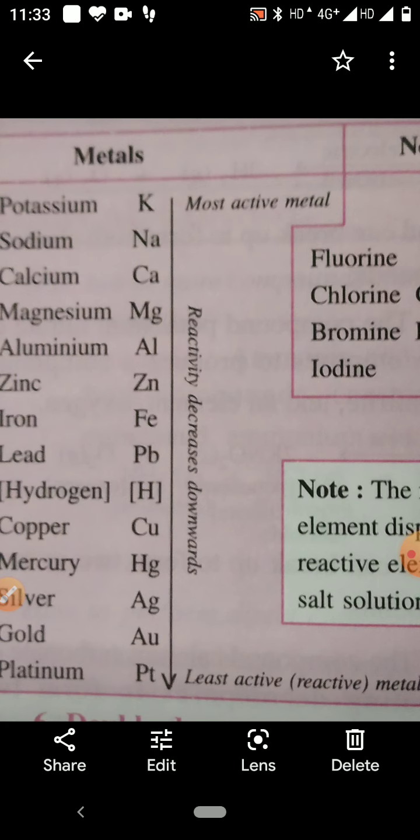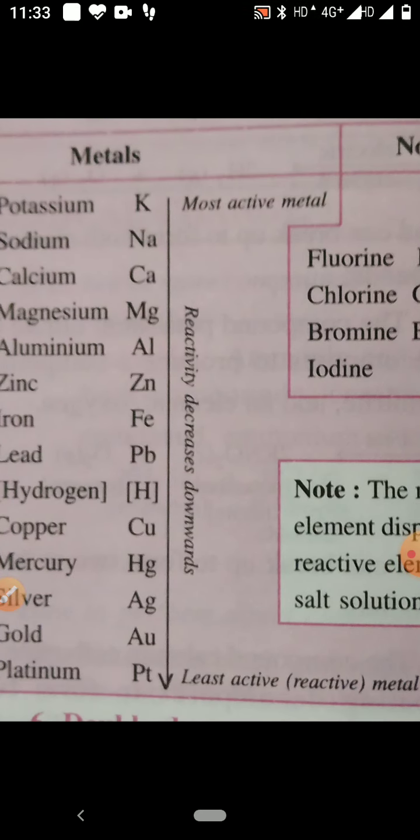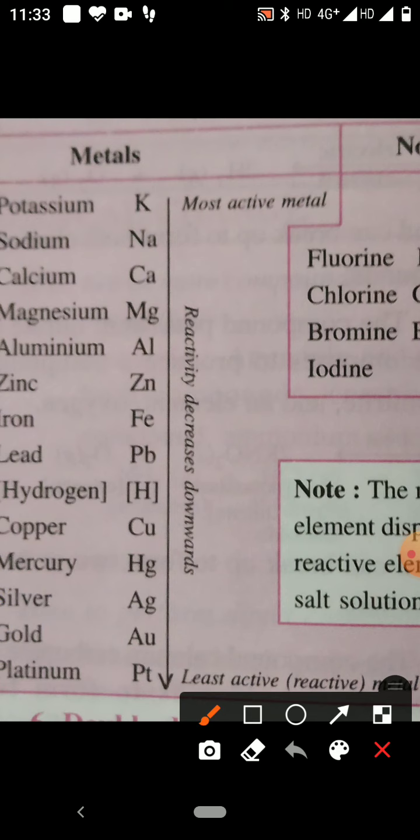The most reactive is on the top and the least reactive is on the bottom. As we move from top to bottom, the reactivity decreases. So this is the reactivity series of metals.